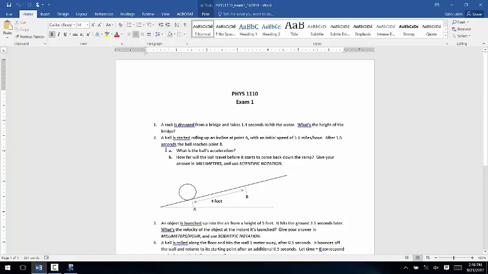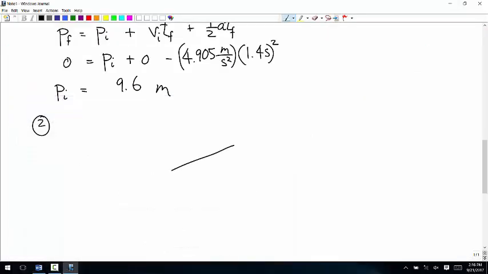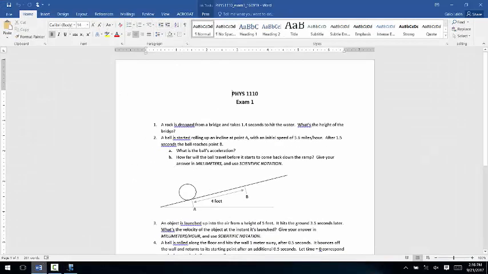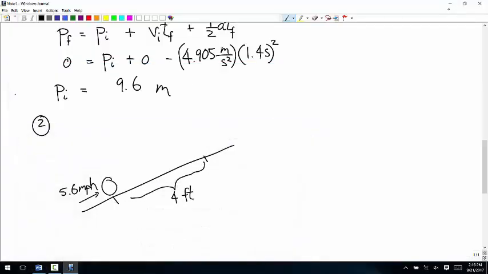Okay, so it's 4 feet between these 2 points, 5.6 miles per hour at the start, and it takes 1.5 seconds to get from A to B. There was not? That would be a lot harder.